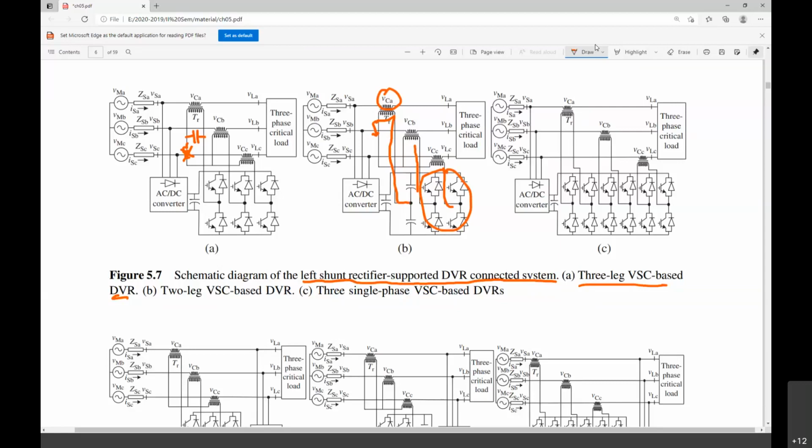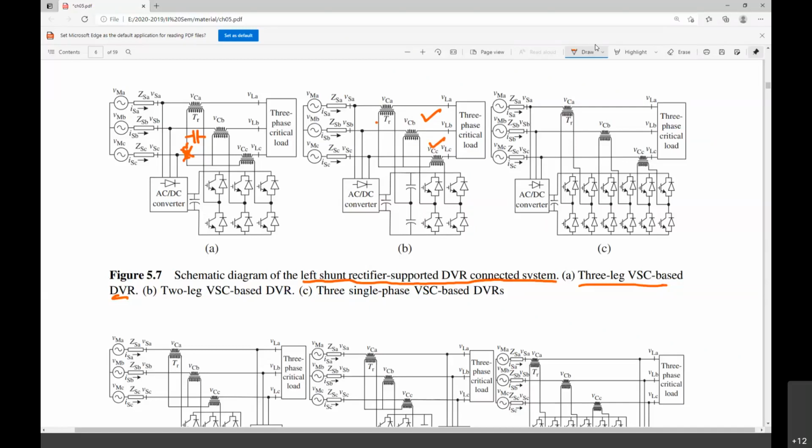But how can you say that this topology is going to make sure it operates? Okay, this is VCA. It is going to inject. This VCA is going to inject, and VCC is also going to be injected by this. I mean, we have been regulating this topology.